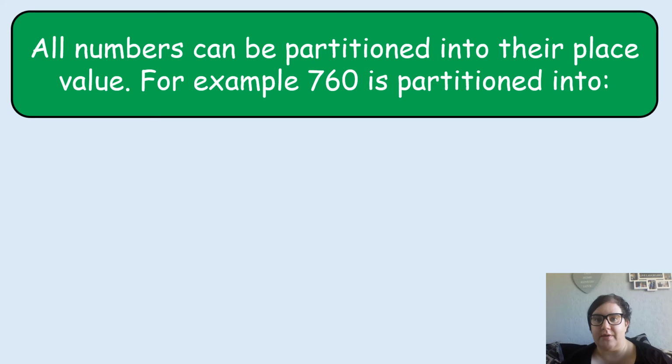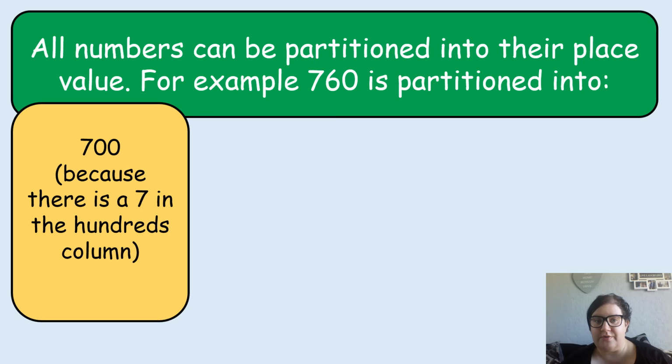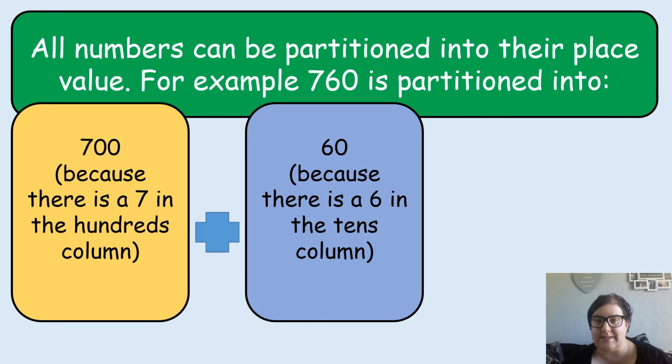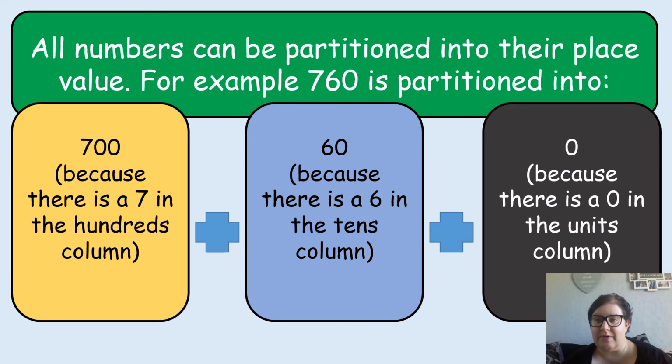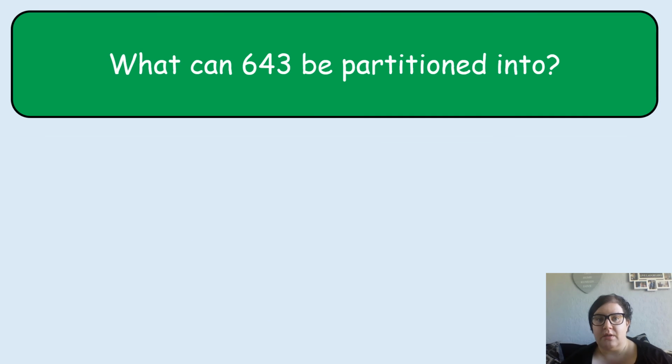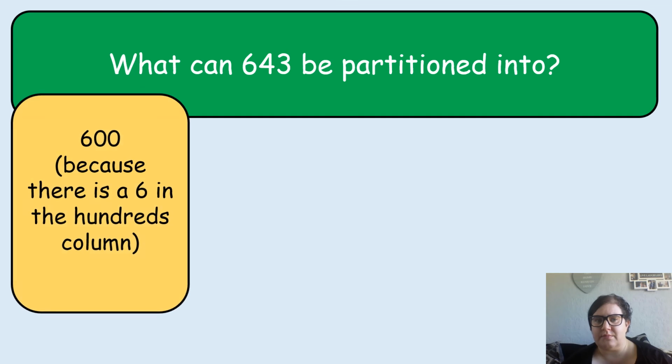For example, 760 is partitioned into 700 because there is a 7 in the hundreds column, 60 because there is a 6 in the tens column, and 0 because there is a 0 in the units column or the ones column. What can 643 be partitioned into?